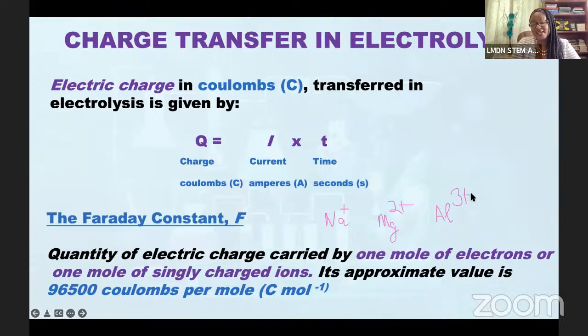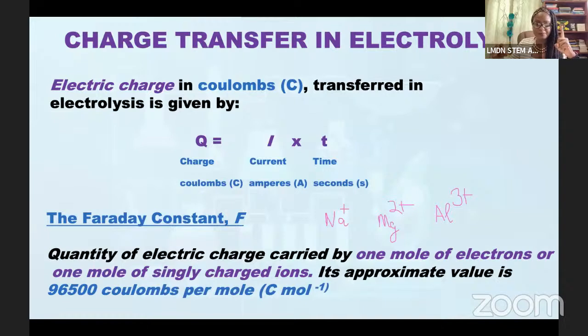What we're saying is that the quantity of electric charge carried by 1 mole of electrons, which in the case of sodium, is at the cathode because of the cation, right? For reduction, it would need to gain back that 1 mole of electrons that it lost.